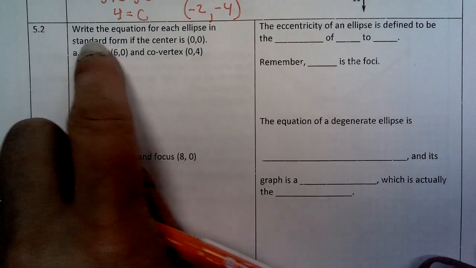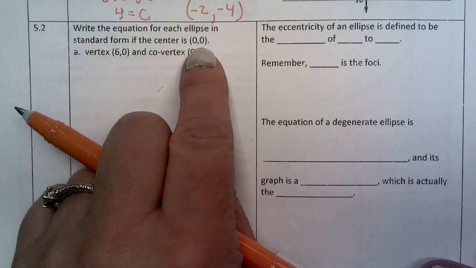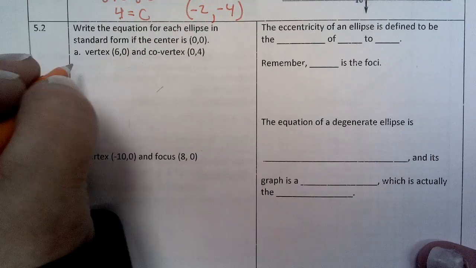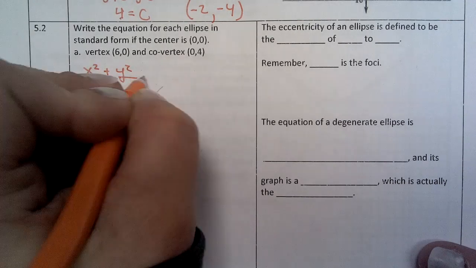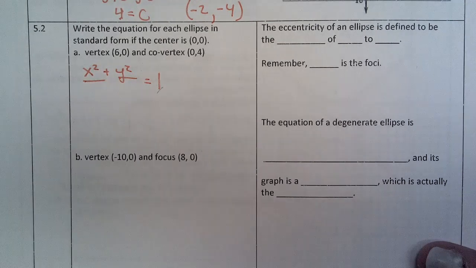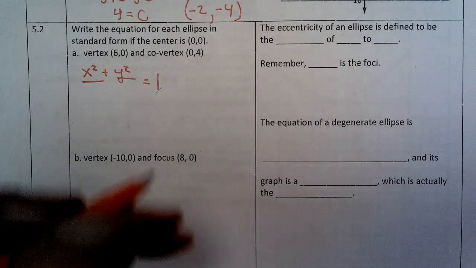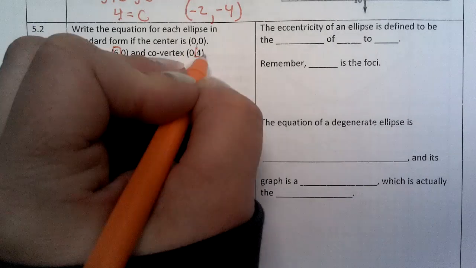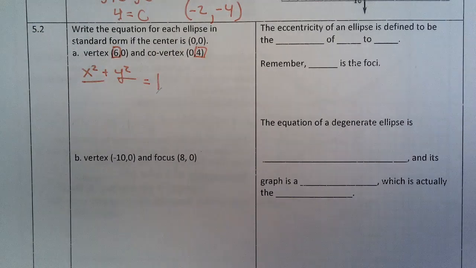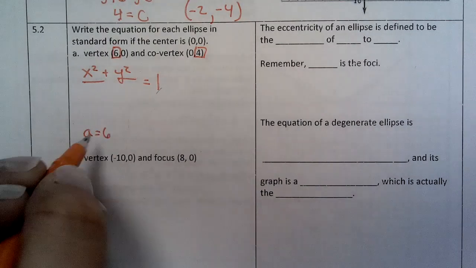Okay, so it says write the equation for each ellipse in standard form if the center is 0, 0. So all of these are going to have our x squared plus y squared equals 1, and that's not going to change. All that's going to change are our a and b values. If our vertex is 6, 0 and our co-vertex is 0, 4, our a value is 6.